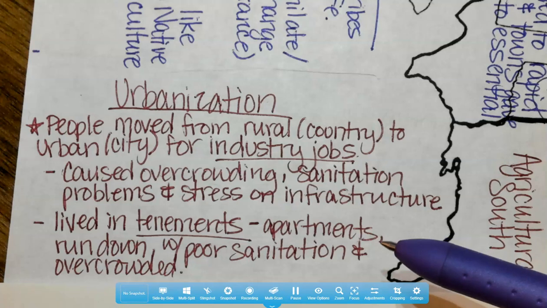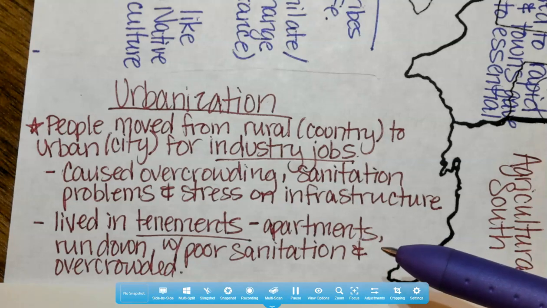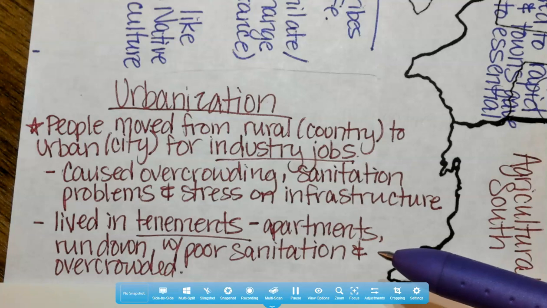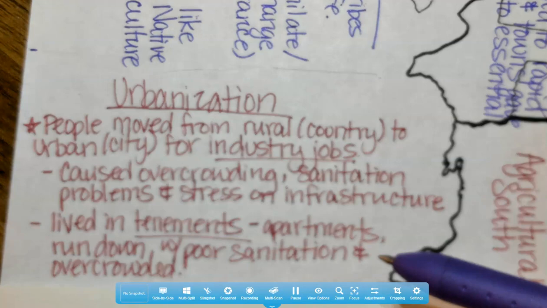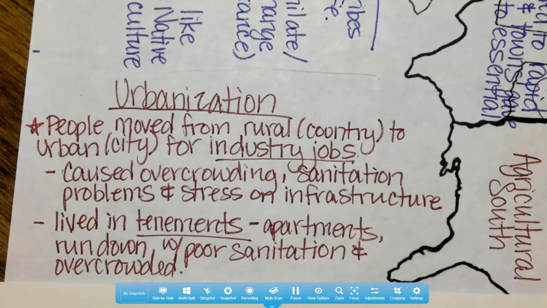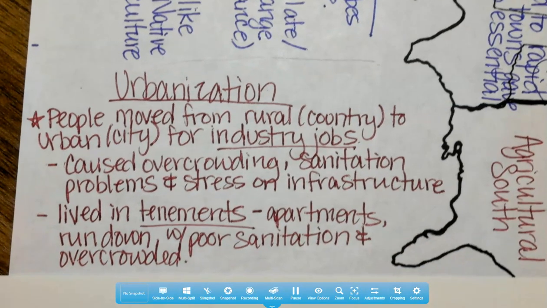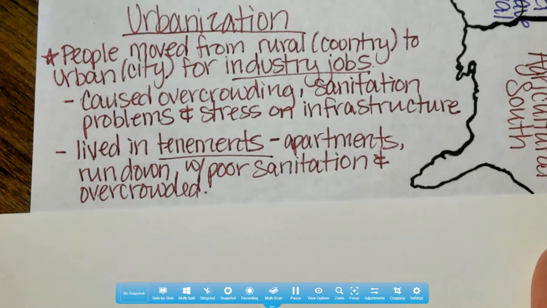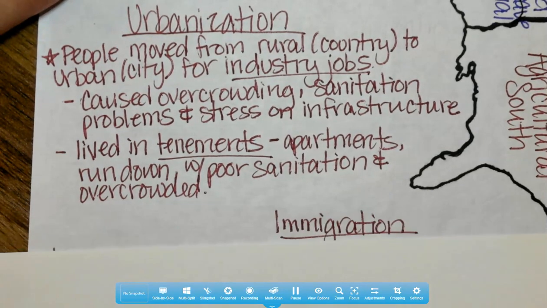So these are the apartments that are completely run down. They have poor sanitation and overcrowding. Okay? If you want the shock of a life, you can pretty much just Google life in tenements and you'll get some pretty raw pictures of what it was like to live in these tenement buildings.